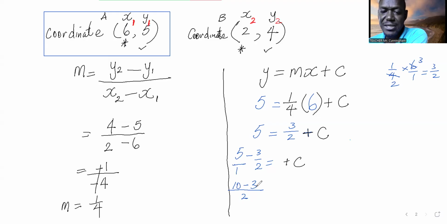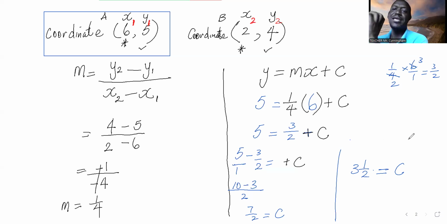So 10 minus 3 is 7/2. So we have our value for C. If I simplify that, that will give me 3.5. 3 times 2 is 6 and 1 is 7. So C is equal to 3.5.